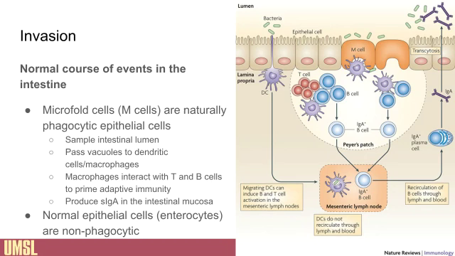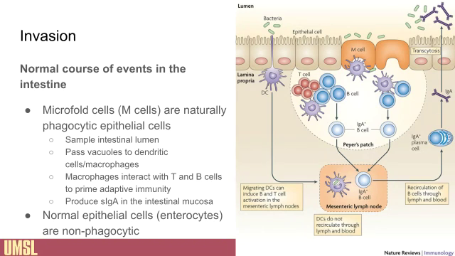So something that we're constantly doing is surveying what's going on in the lumen, essentially the place where all of our food and liquids that we consume are moving through our intestines, right? What's going on out in that lumen, we are constantly sampling. And it's an interesting process in how this happens.